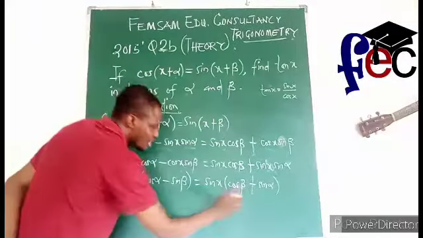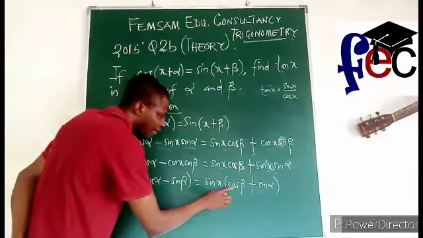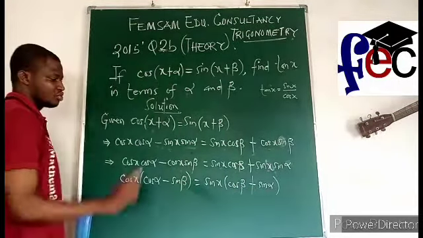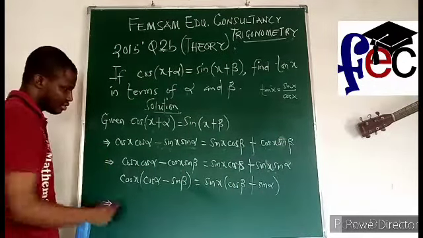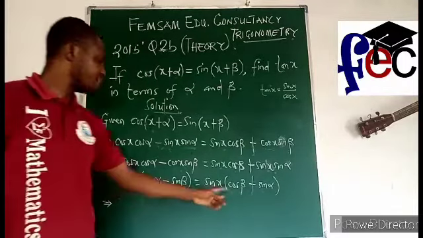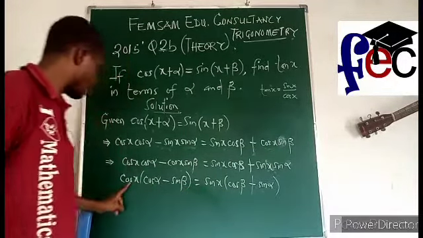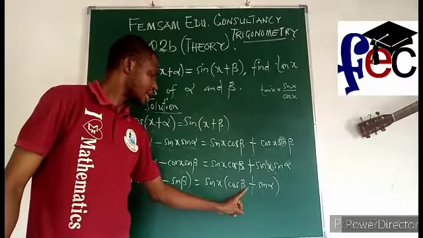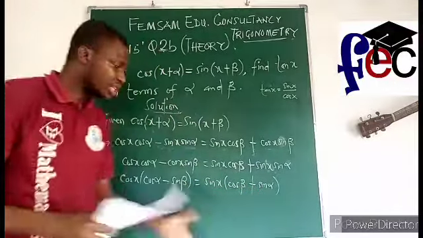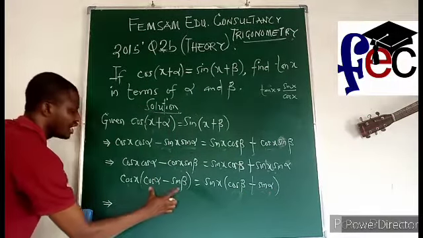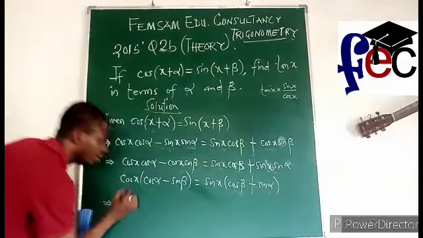That means I will also divide both sides of the equation by cos beta plus sine alpha. So now I can just directly say divide both sides by cos x into brackets cos beta plus sine alpha. What that simply means is that the whole of this expression comes under this, while this particular one comes under this.